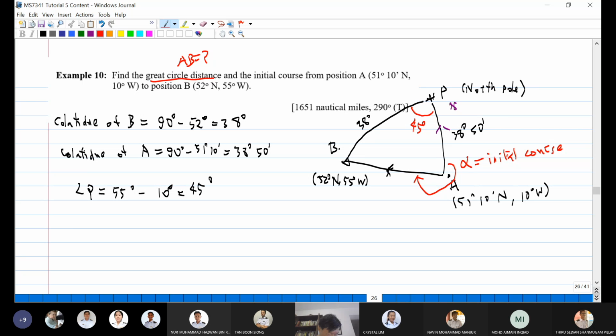Okay, so now it's a typical problem. You are trying to find the side. Let's say the side opposite angle P is called small p. So this is the typical time you can do the cosine law now.